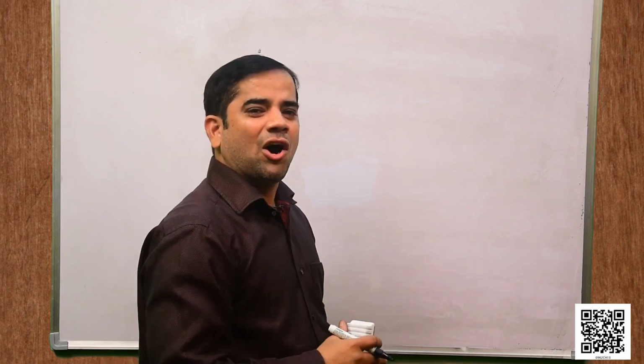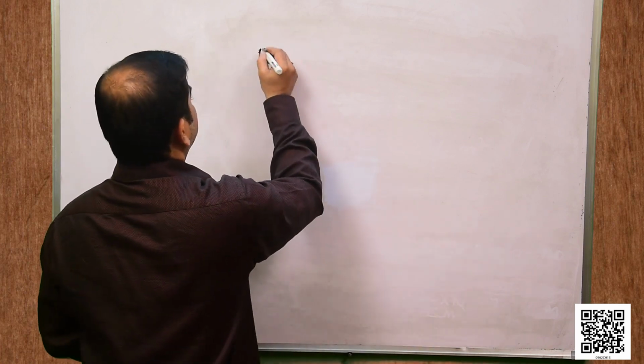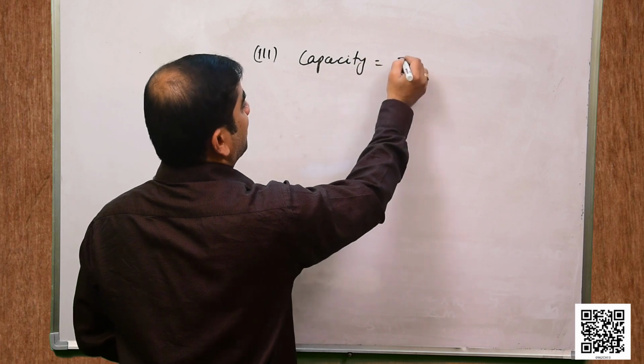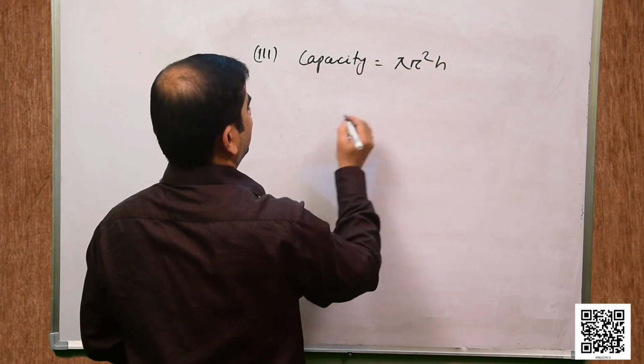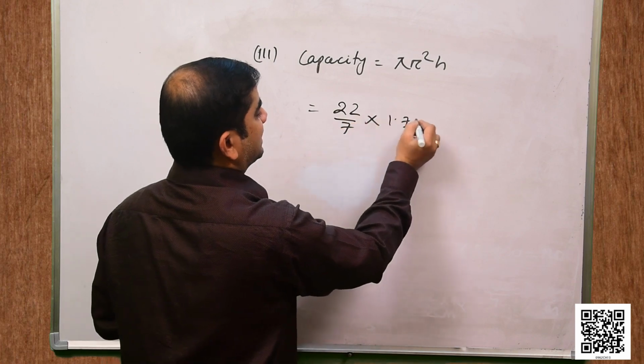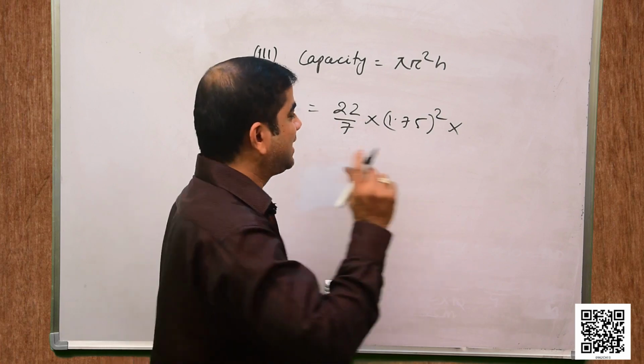Let us now find the capacity of the vessel. Capacity is pi r square h, that is equal to 22 by 7 into 1.75 square into height. Height is 10.